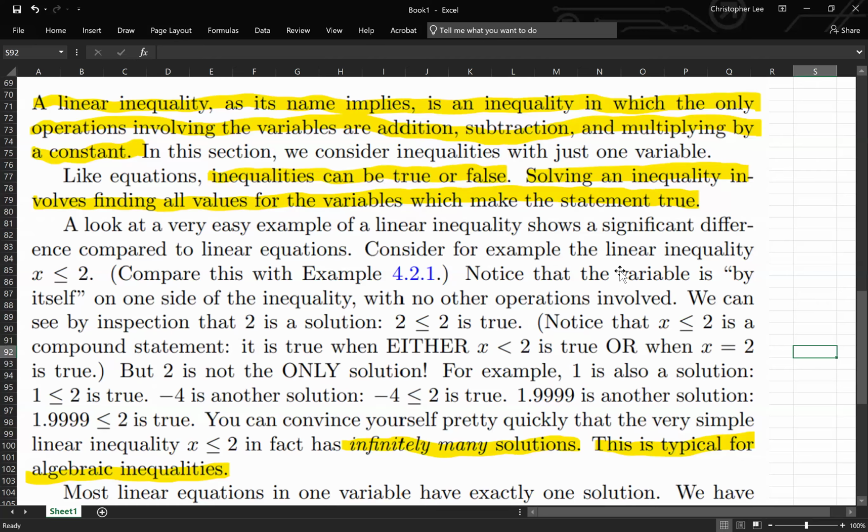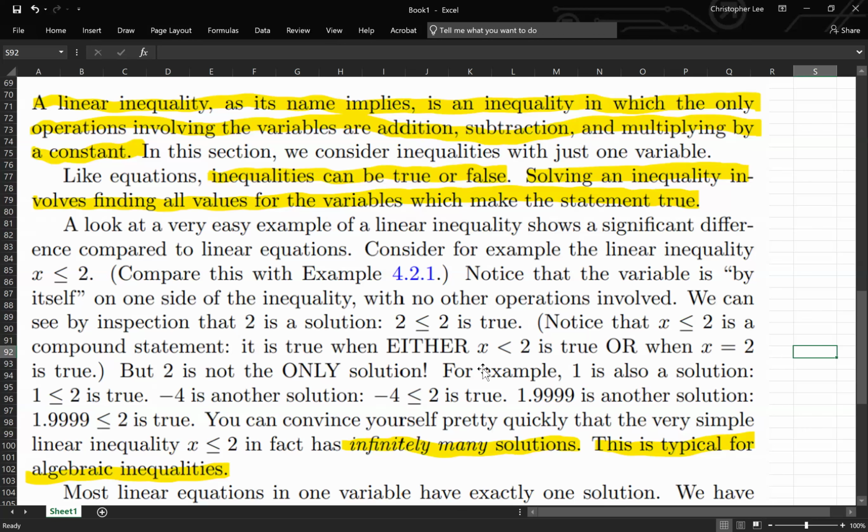We can see by inspection that 2 is a solution, because 2 is less than or equal to 2. That's true. Notice that x less than or equal to 2 is a compound statement. It is true when x is less than 2, or when x is equal to 2. But 2 is not the only solution.